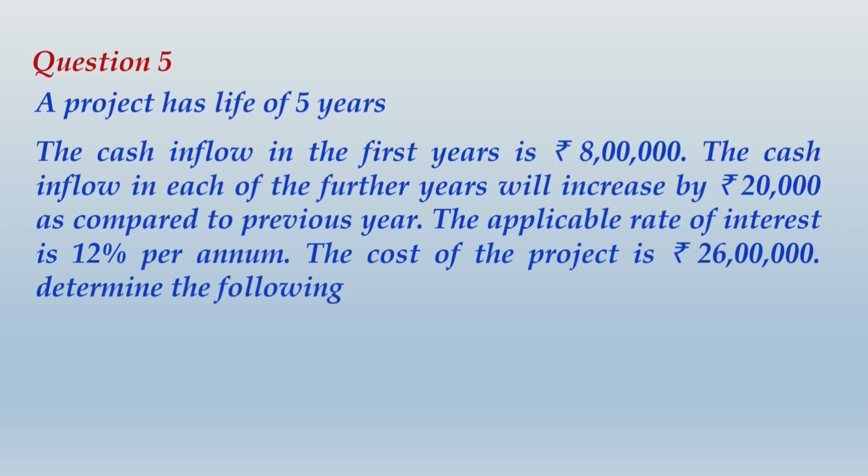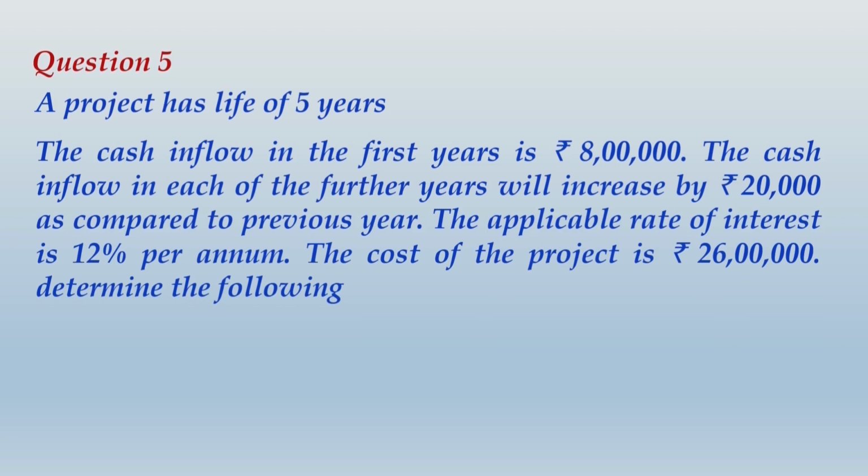That means the first year cash flow will be 8 lakhs. The second year cash flow will be 8,20,000, that is 20,000 more than the previous year. Third year cash flow will be 8,40,000, that is yet 20,000 more than its previous year.